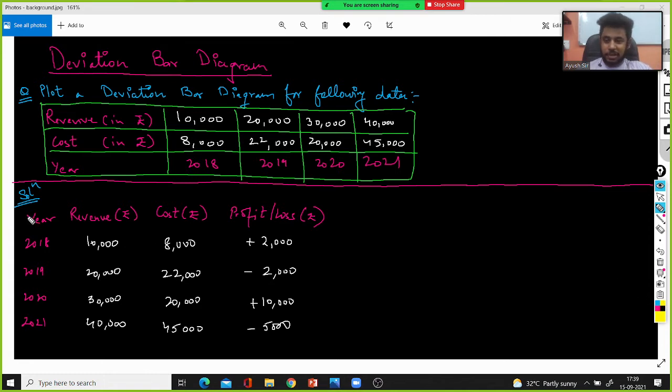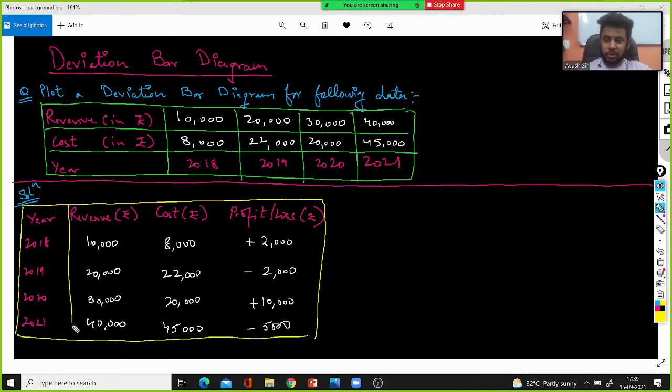So this was some basic information that we just did. Using revenue and cost we calculated the profit and loss for different years. So we need to plot it on a deviation diagram like this.